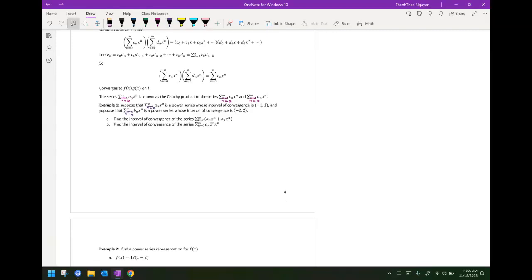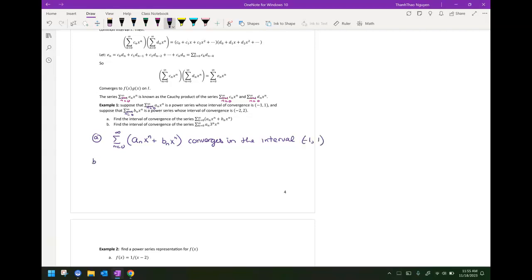Let's find the interval of convergence of the sum of the series. This means the sum from n equals 0 to infinity of a sub n x to the n plus b sub n times x to the n converges in the interval of the common, that is negative 1 to 1.